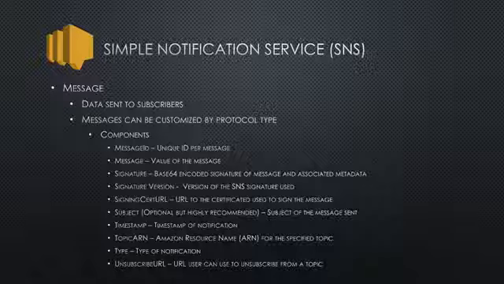The subject is optional, but highly recommended. I've had issues before with delivery of messages that didn't contain a subject. This is the subject of the message being sent. And a timestamp of the notification.